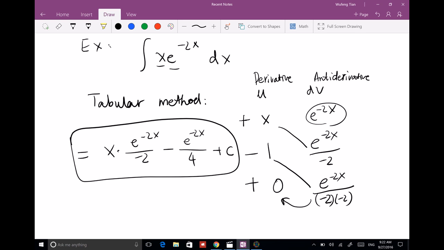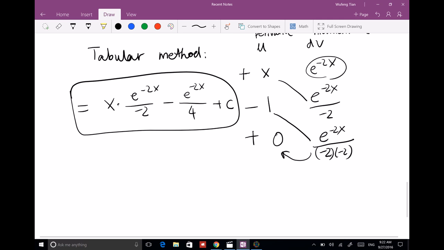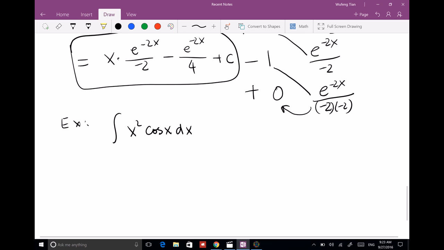Let's practice several problems. So example, the integral of x squared cosine x dx. Now, we still use the tabular method.